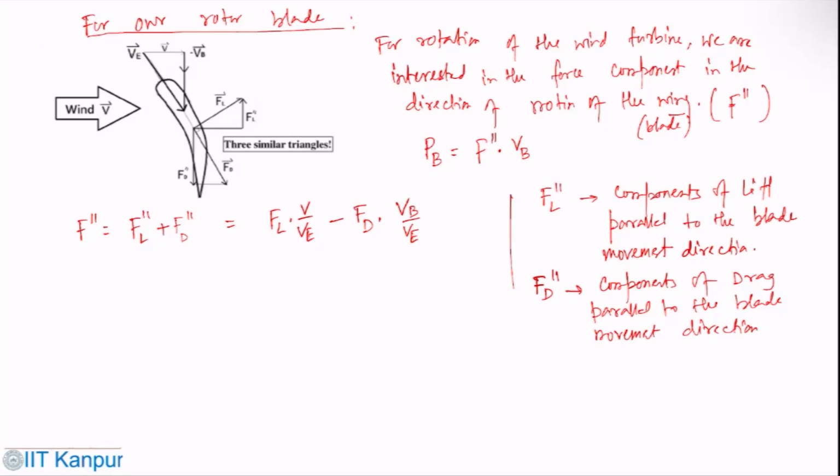So these are all we can write. Essentially, this we can write from all this velocity triangle. Okay.